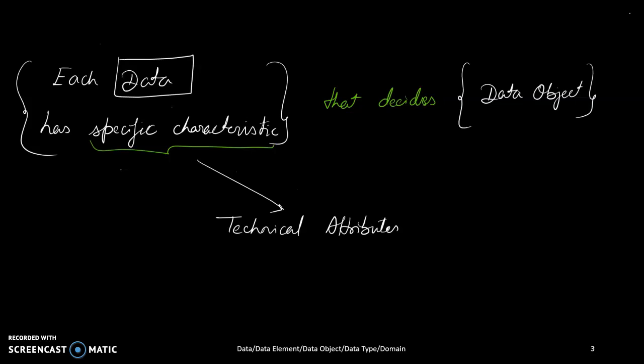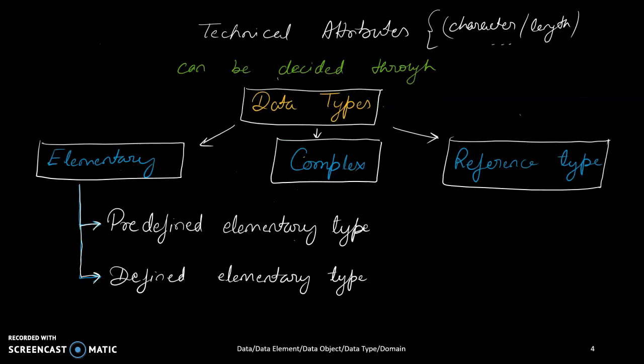Now these technical attributes must be segregated into different types. The types are elementary, which are predefined and user-defined, and complex and reference.